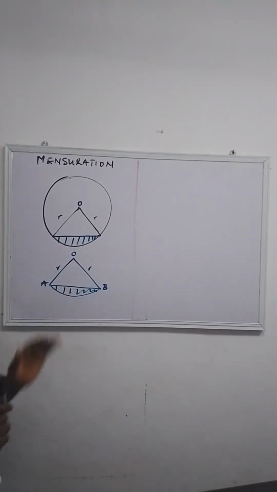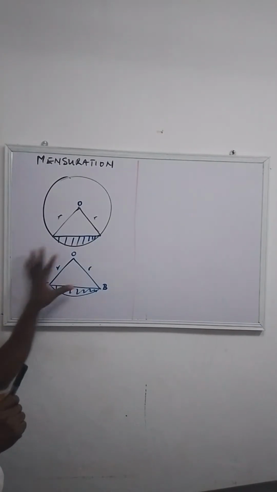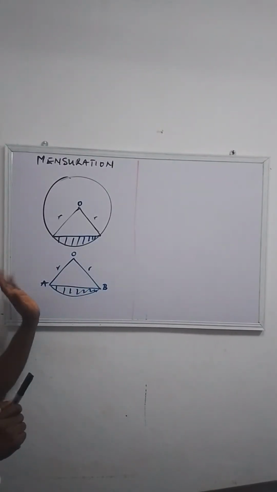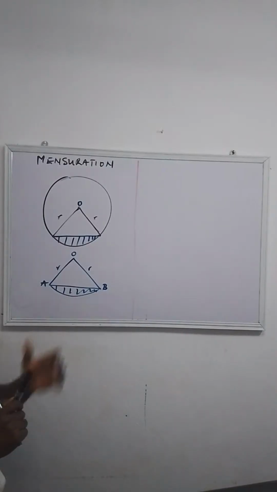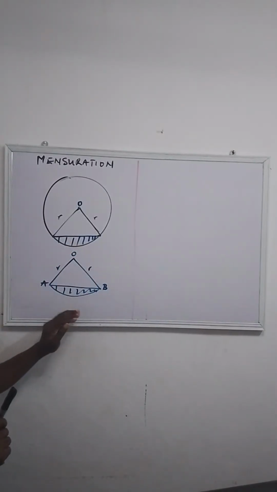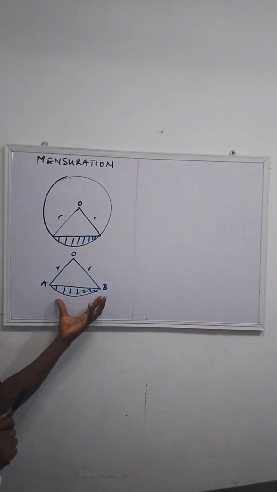Okay, so now can I generate a formula for that? You can see what we did. We said a whole sector minus the triangle gives us the area of the segment. I hope you understand that. Area of sector minus area of triangle gives us area of segment.